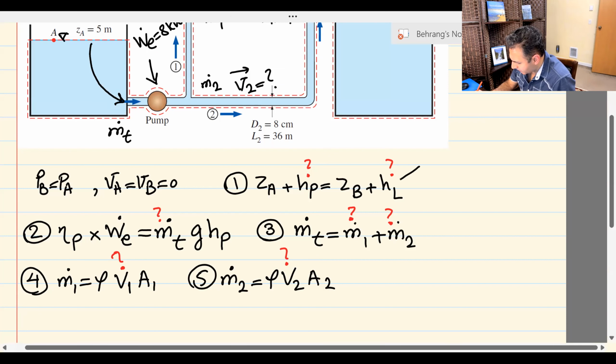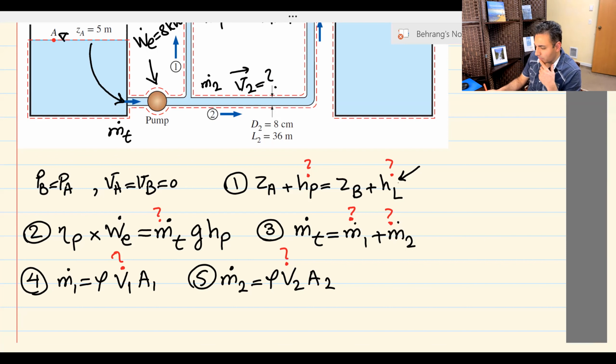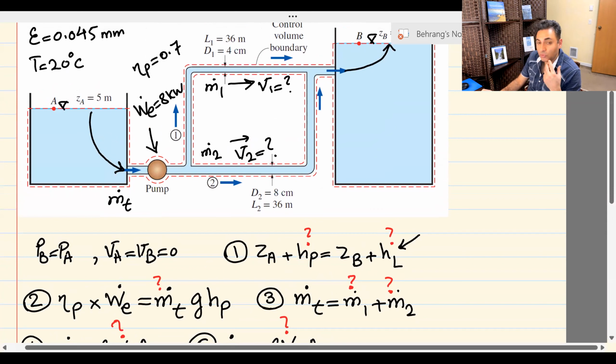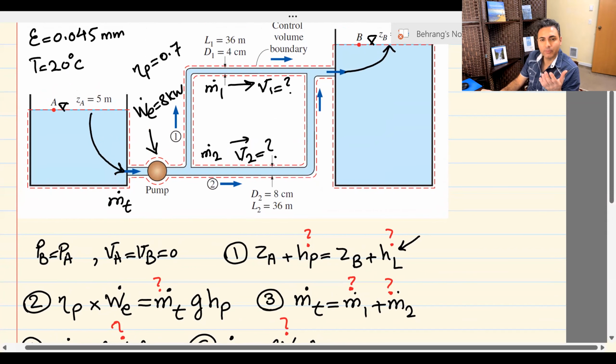This guy here that we didn't talk about much, head loss. From point 1 to point 2, there is one very important fact that we have to take into account: that these are two parallel branches. If you go back to fluid mechanics, for two parallel branches, head loss is the same value.